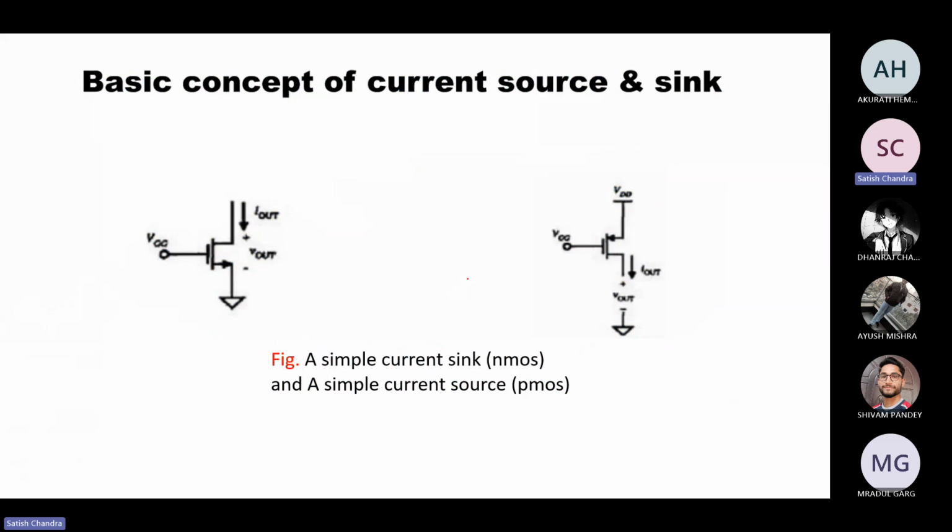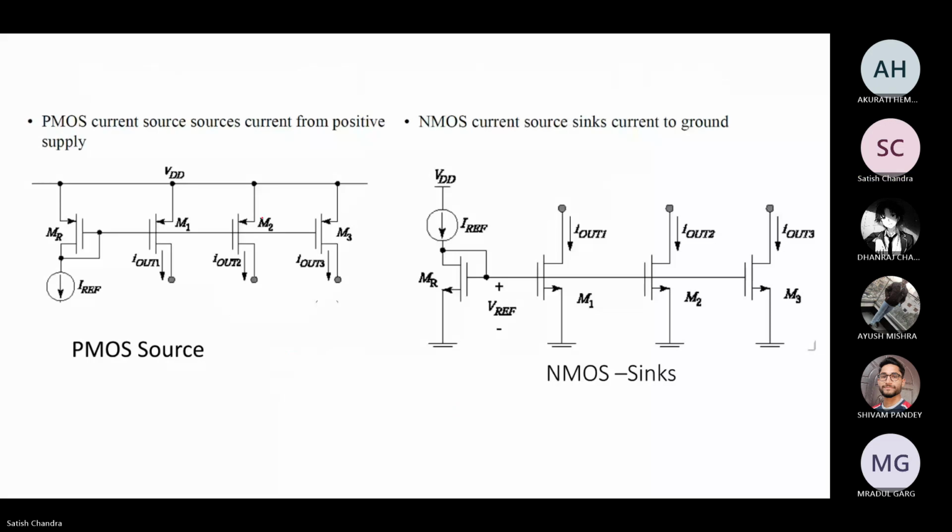Now comes the basic concept of a current source and a current sink. Whenever we design with the help of an NMOS, we design a current sink. Whenever we design with PMOS, it always behaves like a current source. PMOS means source.